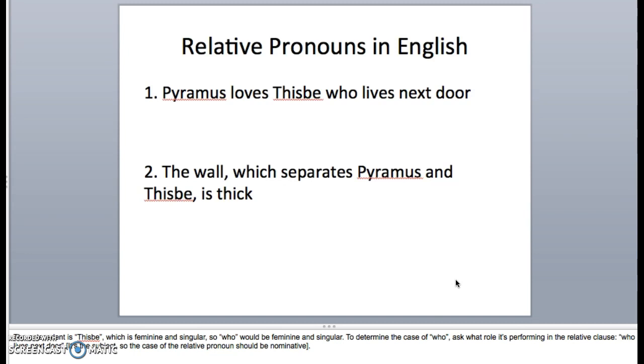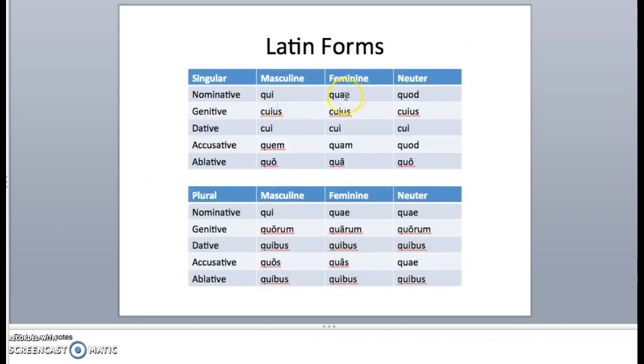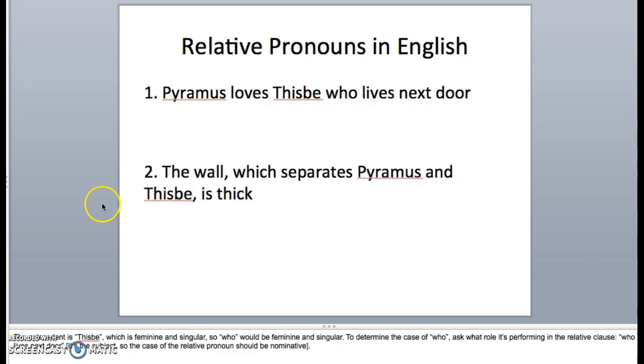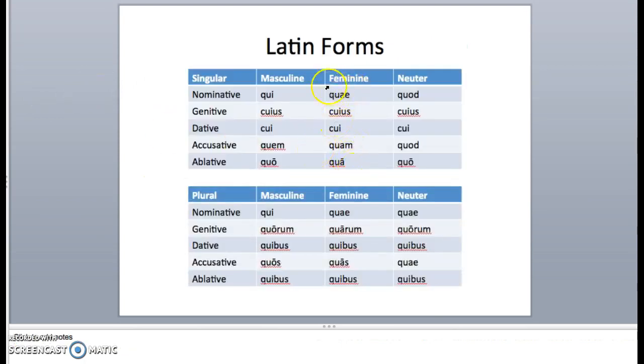So if you go back to the chart of terms, the feminine singular is quae, so we would use quae in this sentence were we to translate it. But what would its case be? So I said quae because it's feminine singular. We're in that column, but we have to decide which one of these 5 feminine singular forms we're going to use.